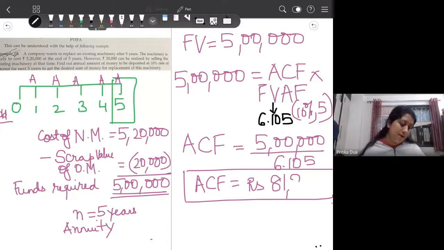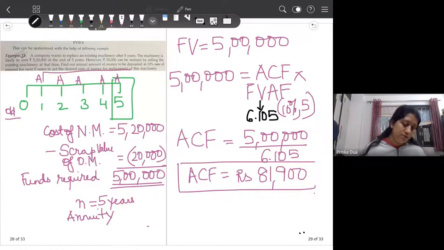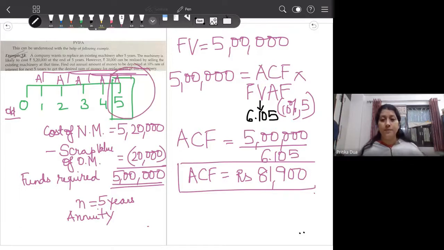So what I have done is I have taken all the cash flows to a future date using the FVAF table. Take a minute, look at the solution and see if there's any doubt, any question you can ask.